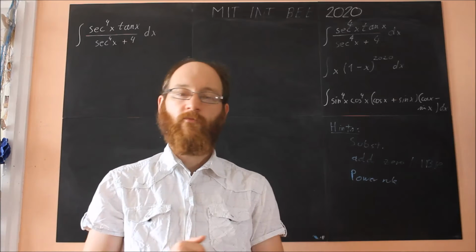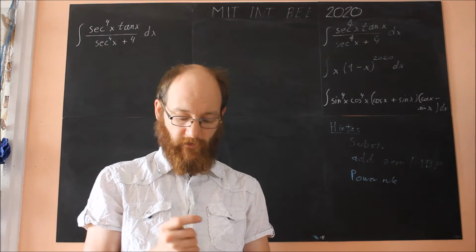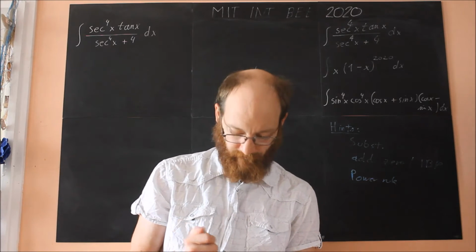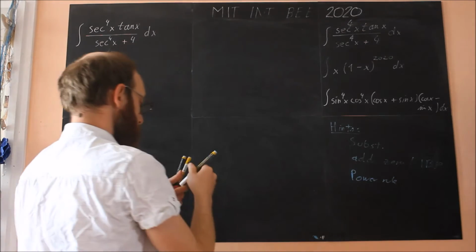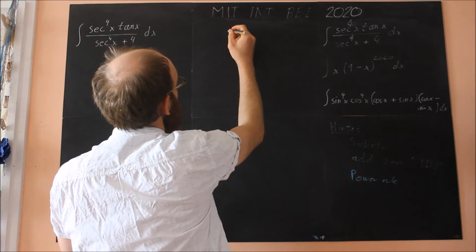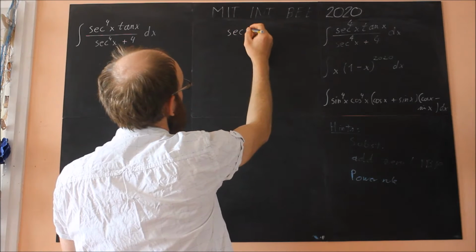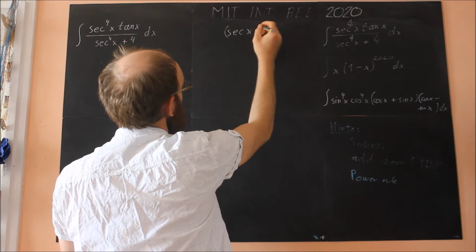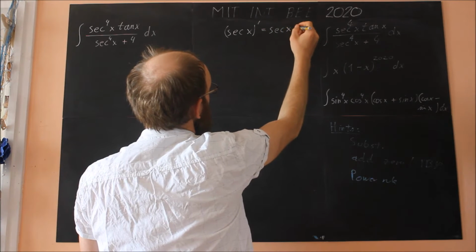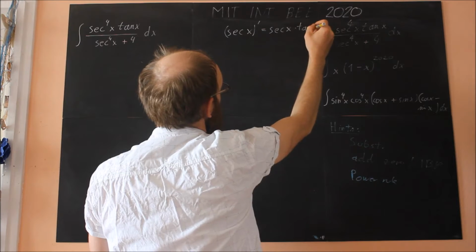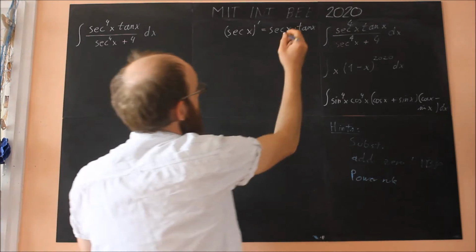And we start with the first one, and before we do that, I want to make a recall, and that is the derivative of the secant can be written as secant x times tangent x.